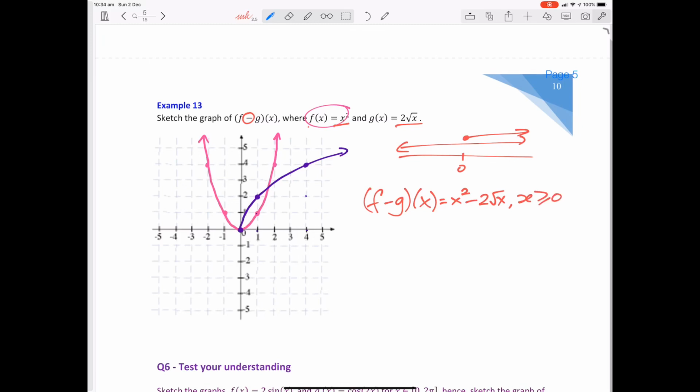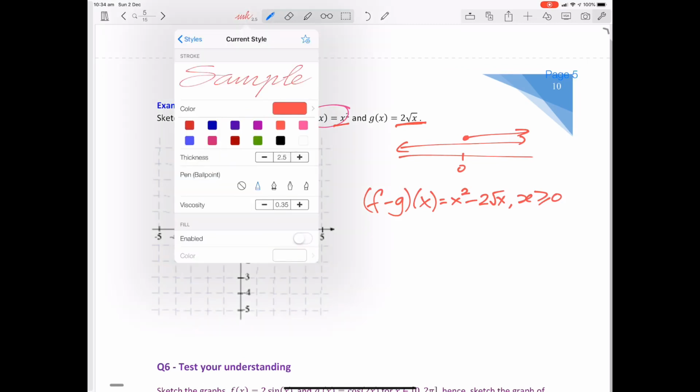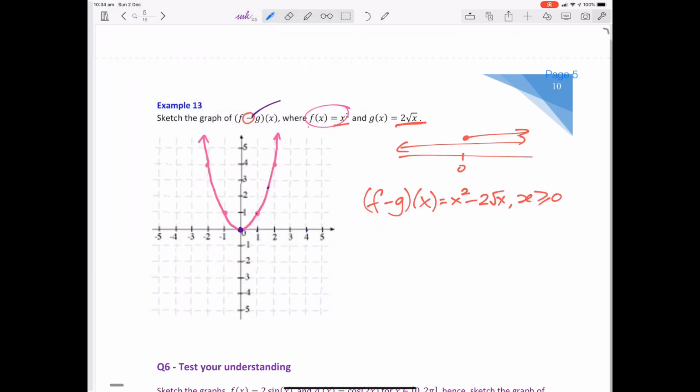Now, I've graphed 2 root x, but it probably would have been smarter to just graph negative 2 root x, because I've got that negative there. We can just make this function negative 2 root x and then add them together. So negative 2 root x is going to have a negative 2, and then a negative 4.